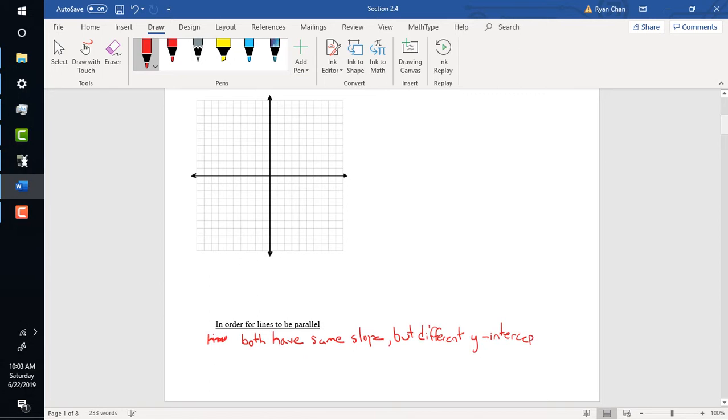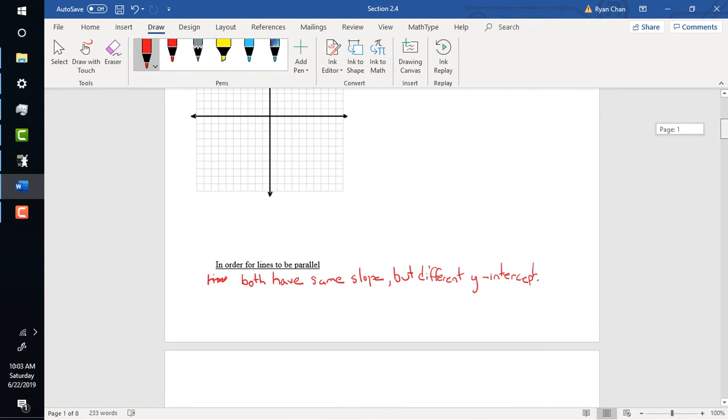I want to make sure we include that because if you have the same slope and the same y-intercept, you're actually graphing the same line twice. If I graph 3x plus 7 and then have the same slope and same y-intercept, it'll also be 3x plus 7. So obviously they're not parallel because they're drawn on top of each other. So, in order for lines to be parallel, they have to have the same slope but different y-intercepts.